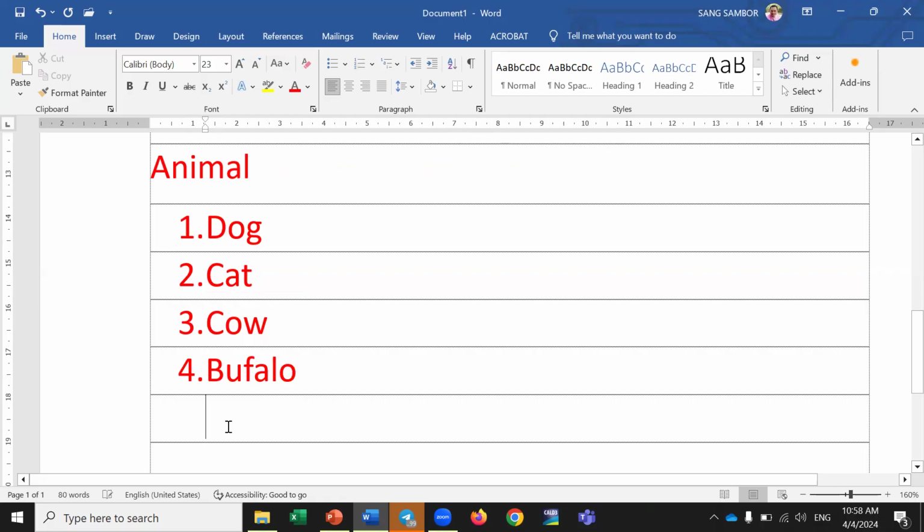So generally you say dog is a kind of animal, cat is a kind of animal, cow is a kind of animal, buffalo is a kind of animal. So dog, cat, cow, and buffalo are considered as co-hyponym because they share the same superordinate, animal. Animal here is considered as superordinate or high level term. You get what I mean?